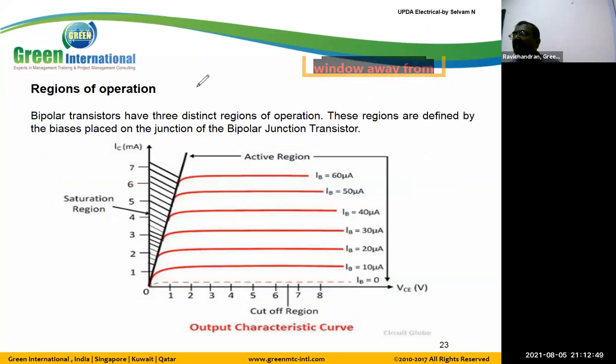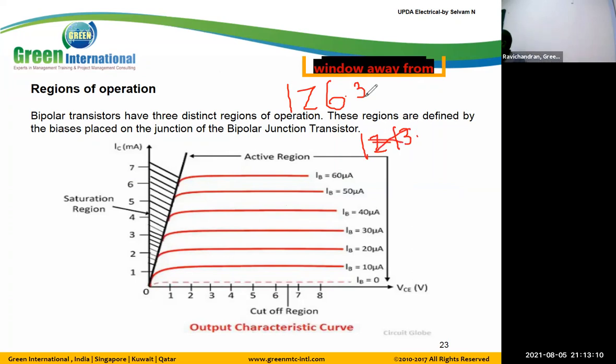Similarly for the type of diode, the zener diode, IZ6.3 is the diode mostly used in our college.